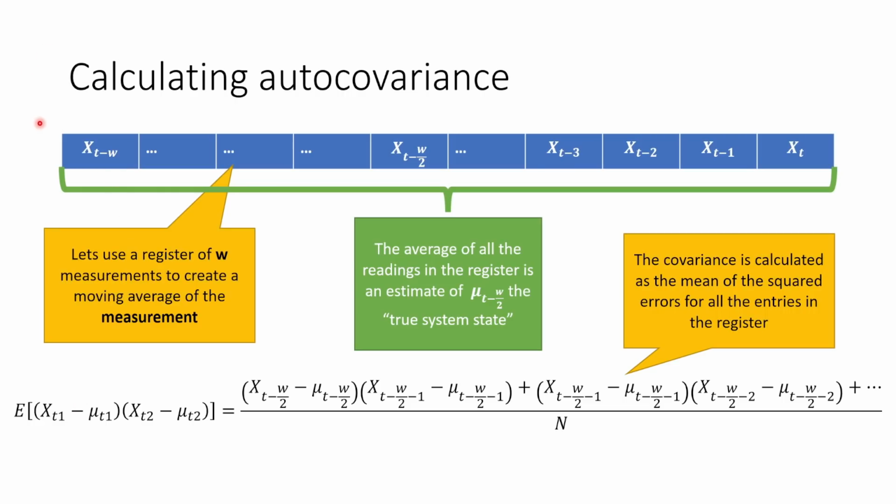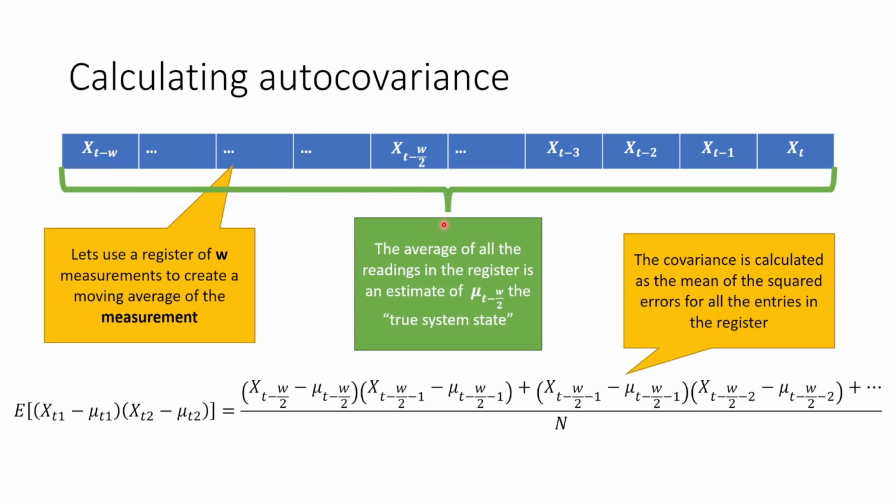And the way it works is we create a register of W measurements of the position of the car by just recording what we measured for the position every time step as the car is driving down the road. And then what we do is we average them all together. So we have some position estimates from a little while ago, and we have the current position measurement, and we average all of the position measurements together between the two.